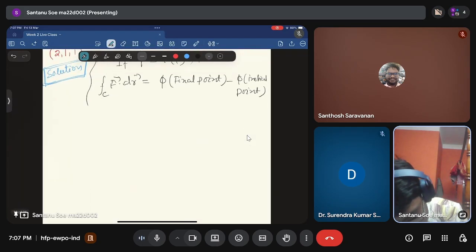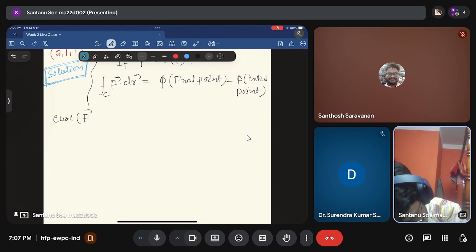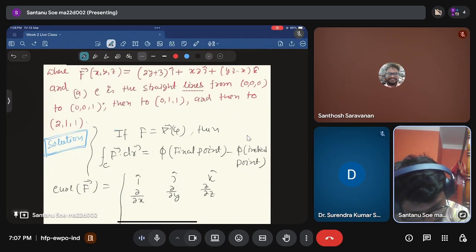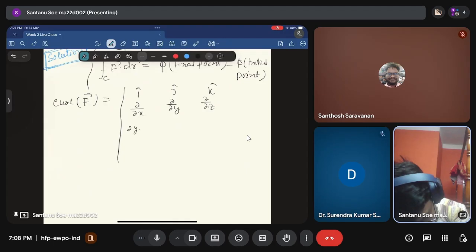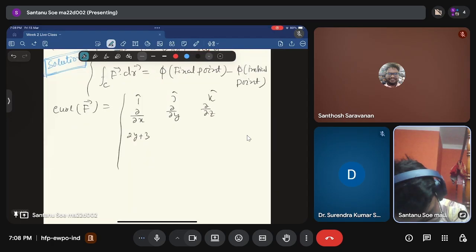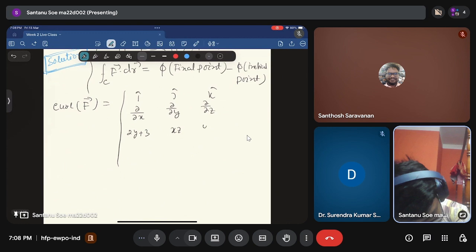So curl of F is the determinant with rows i, j, k; del/del x, del/del y, del/del z; and 2y + 3, xz, yz - x.